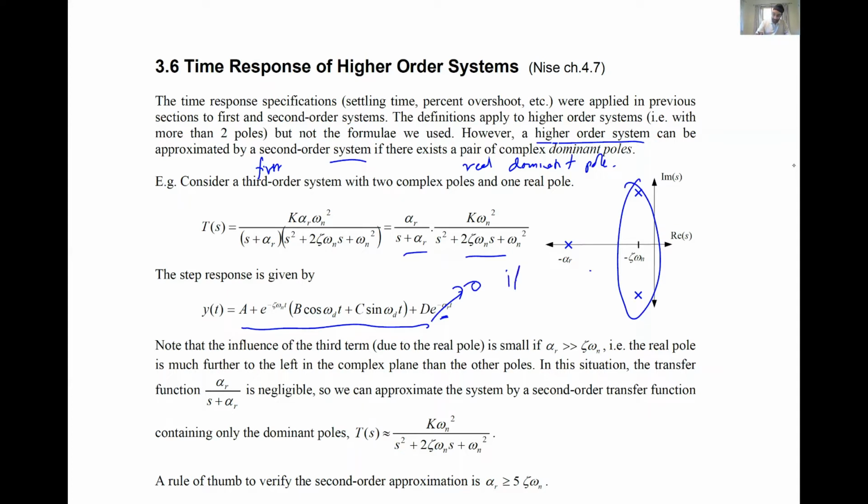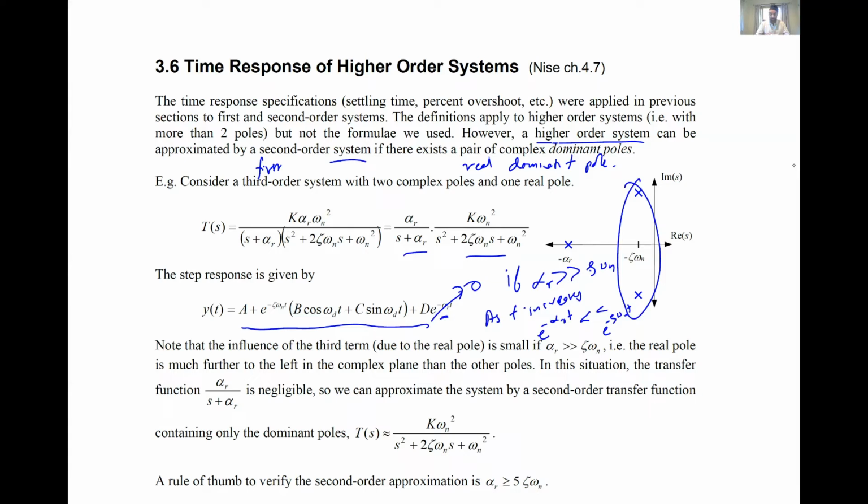So if alpha r is greater than zeta omega n, then as t increases, e to the power minus alpha r t will be much smaller than e to the power minus zeta omega n t, which basically means that these terms corresponding to poles which are located further away from the imaginary axis are going to decay much faster.